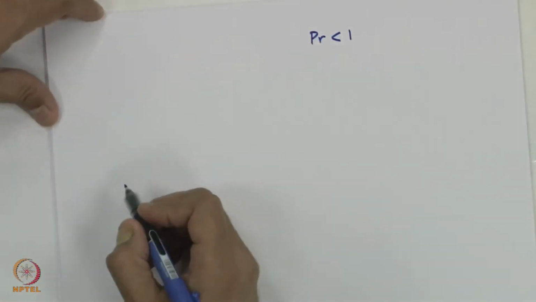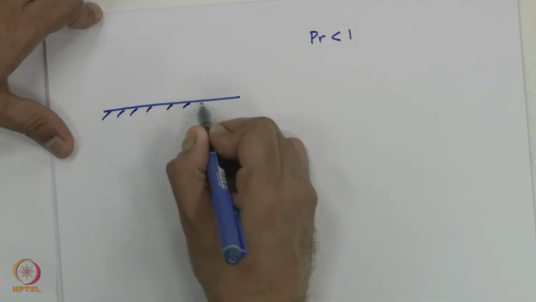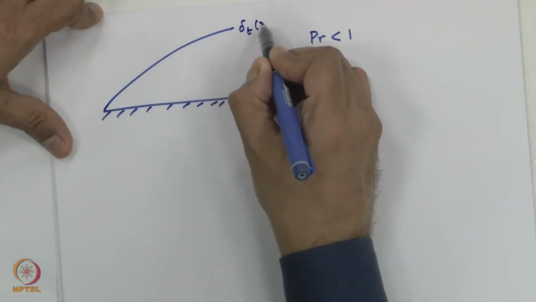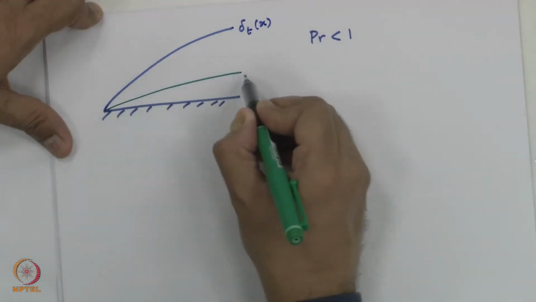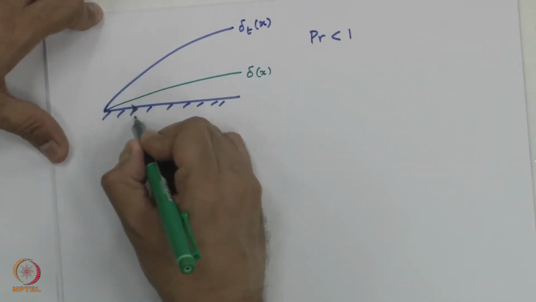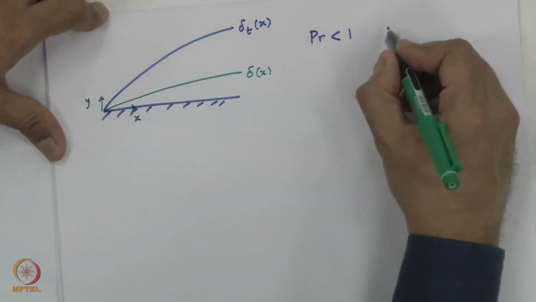Prandtl number less than 1. X, y. What it means?